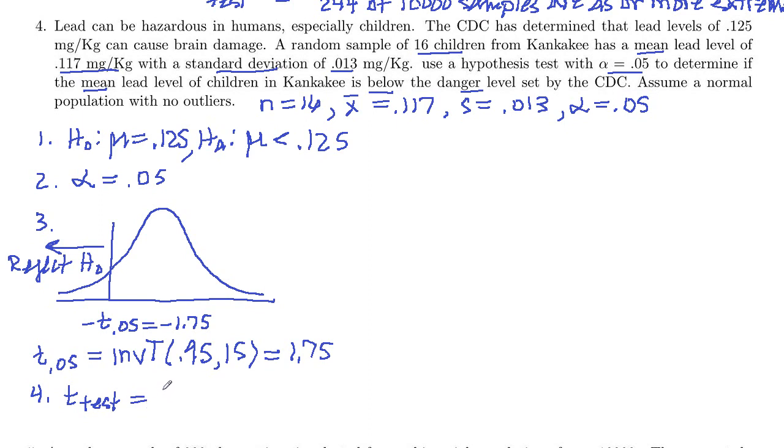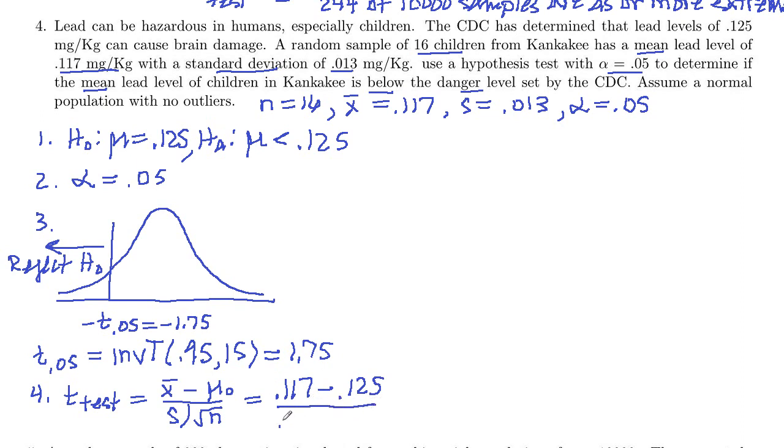So our test statistic here is again going to be x bar minus our hypothesized mean, and then divide by s over square root of n. So our sample mean there was the 0.117. Hypothesized mean 0.125. So the 0.117 is less than the 0.125, but is that just enough by chance, or is there actually something going on?